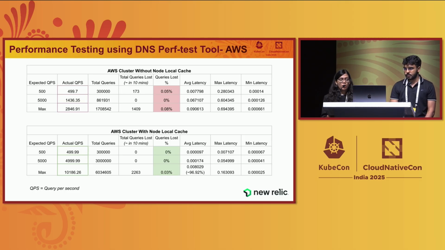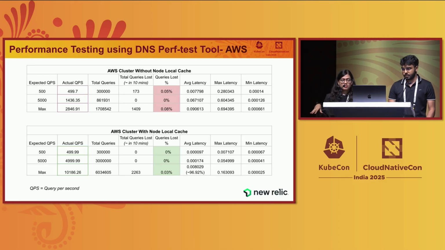And you can follow along the pink column, query loss percentage. At 500 QPS, the query loss percentage is 0.05%, which increased to 0.08% with the increasing load, that is, at maximum QPS. We also see the latency increasing with the increasing QPS levels.